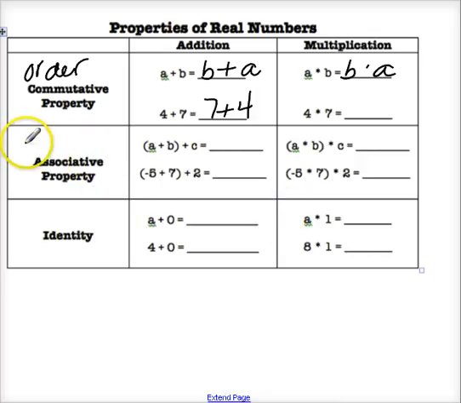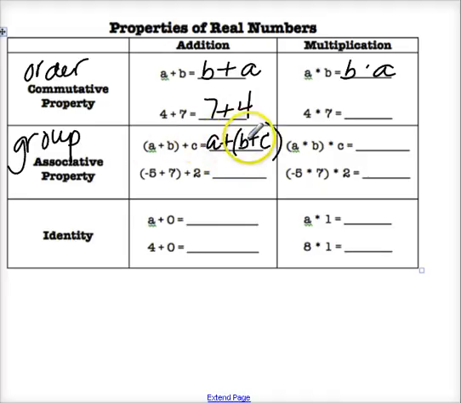Associative property has to do with the way that we group our numbers. Grouping doesn't matter for addition or multiplication either. The associative property of addition says that if I have a and b grouped and they're added together and I add c, it's the same thing as grouping them a plus b plus c.